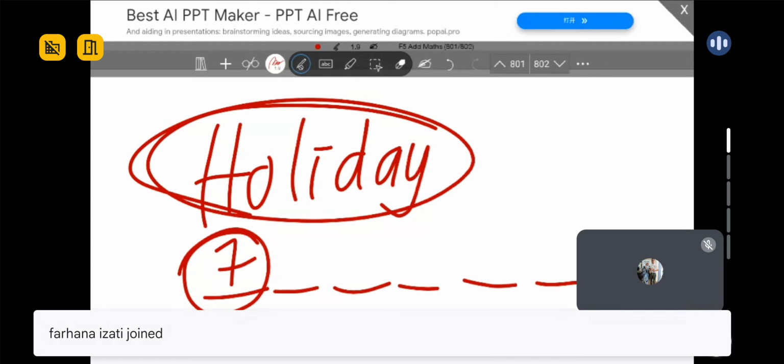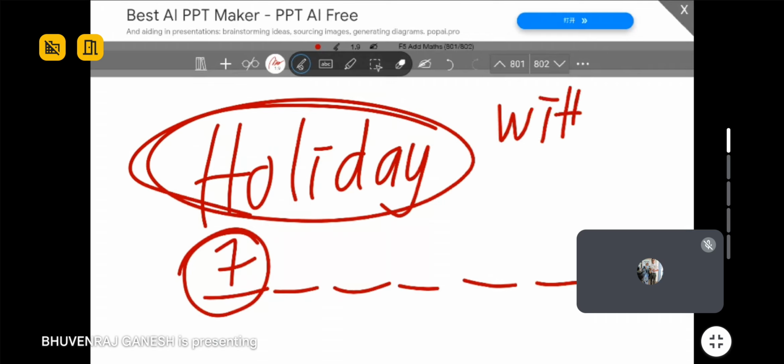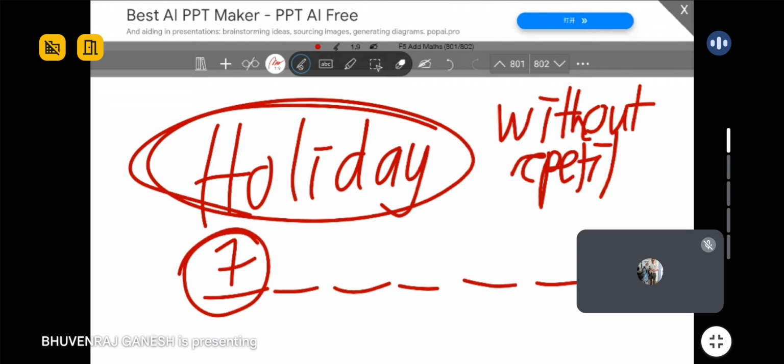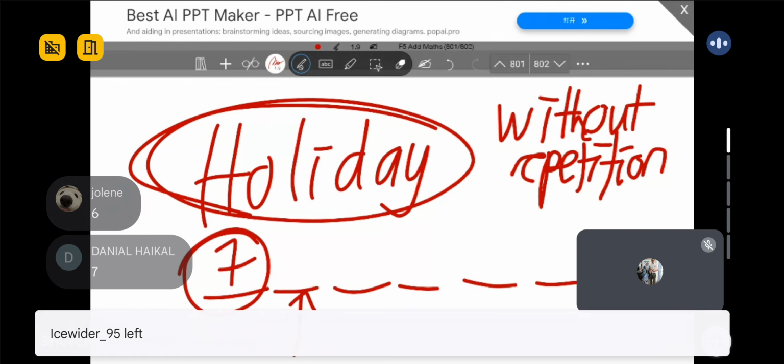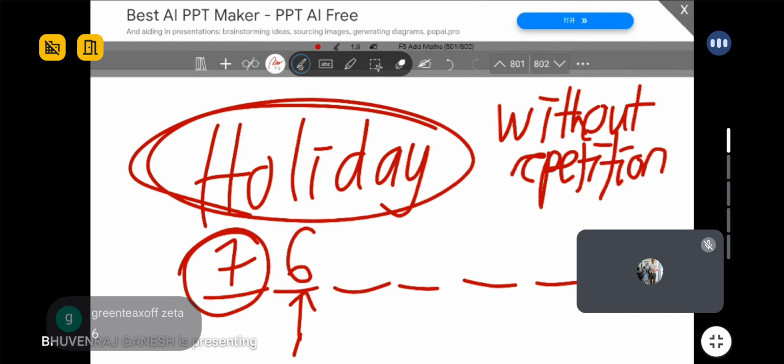Now they say without repetition. Can you all tell me the number of letters for the second position? Very good. For those that understand, you will say 6. If you don't understand, you will say 7. So why is the answer 6? Because without repetition, the total decreases by 1.